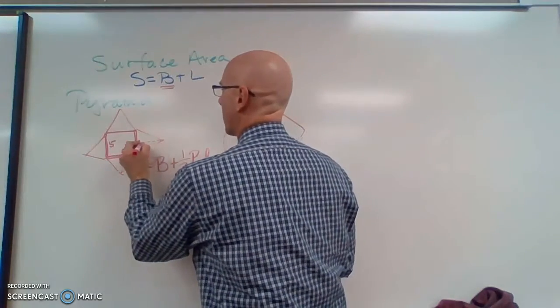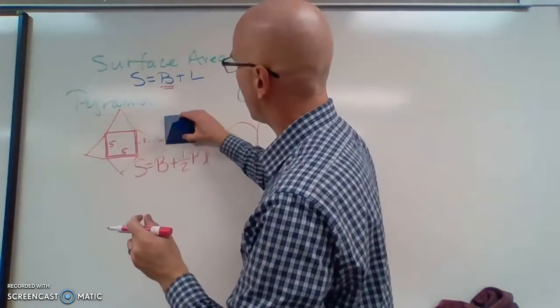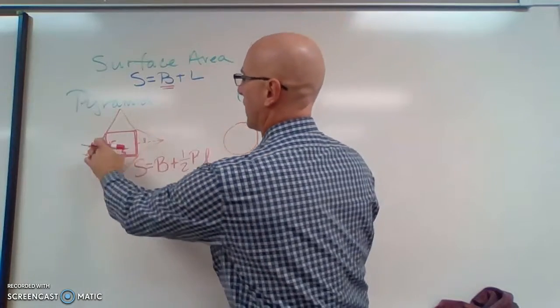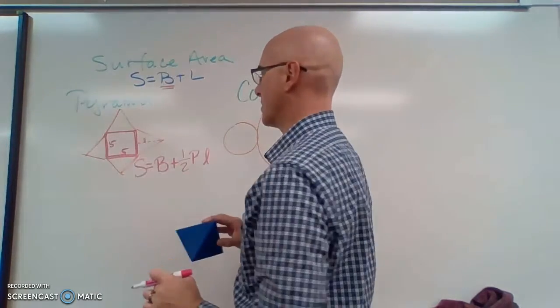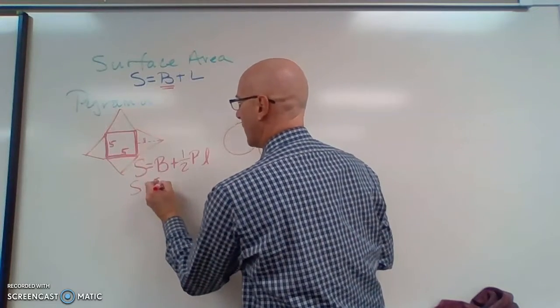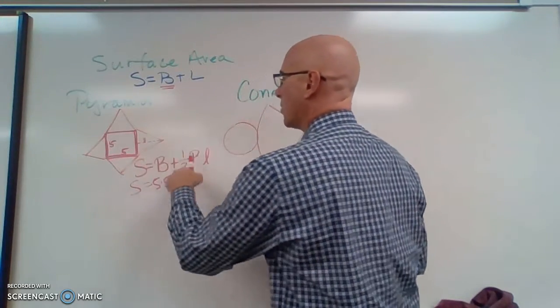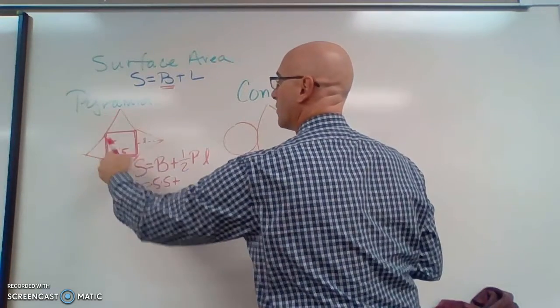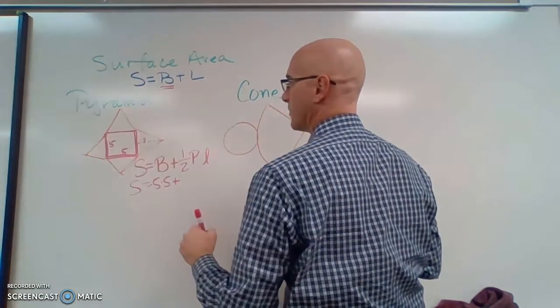So in this diagram, it is 8. If I were to slice open all of these edges and fold it out, it would look something like this. So my base is 5 times 5. Now I'm going to use this formula to get the sum of all of these triangles.